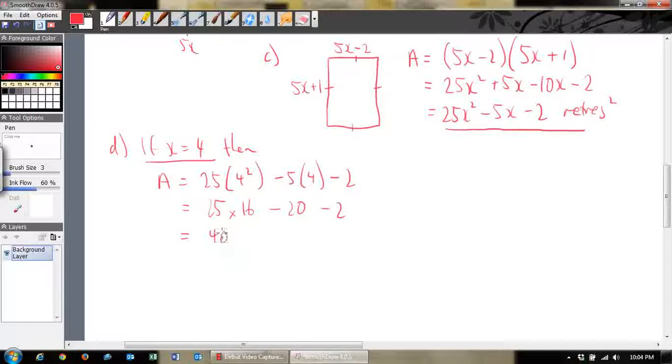So that's actually 400. Did you get that? Multiply that by 4 to get 100, divide that by 4 to get 4, so you get 400. Hope that makes sense. Minus 20 minus 2, so 400 minus 20 is 380. 380 minus 2 is 378 meters squared.